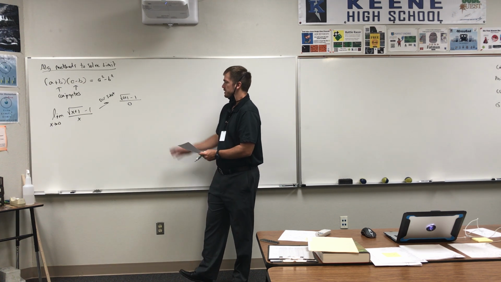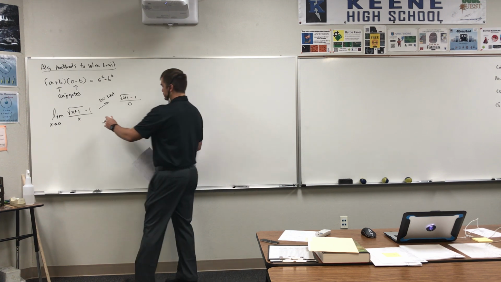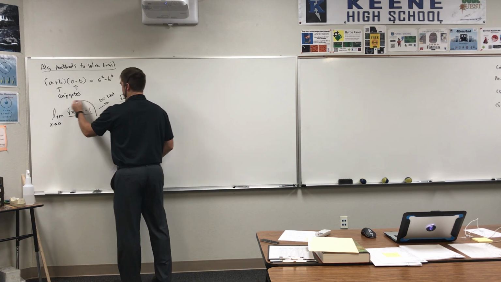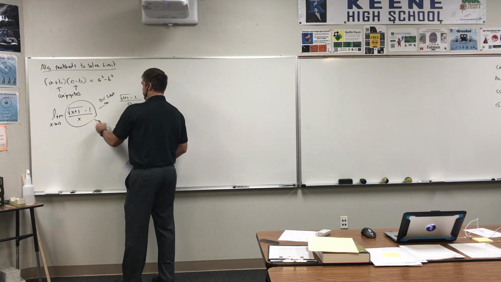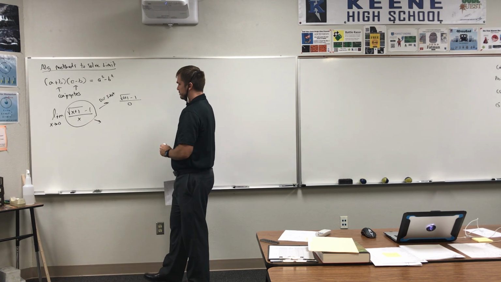Okay? So what we're going to do is a little bit of manipulation here. I'm just going to take this part right here and focus on that, and massage it a little, do some trickery with it.